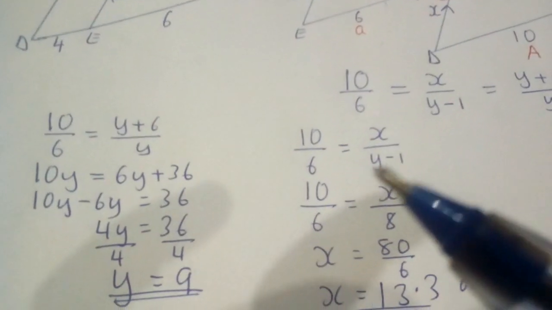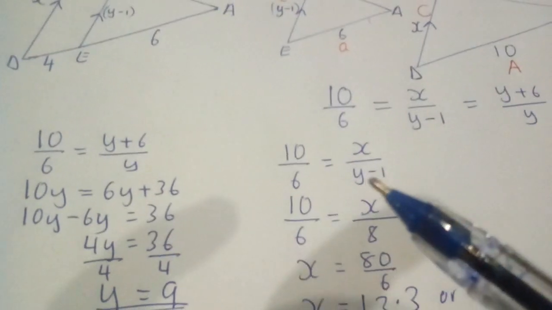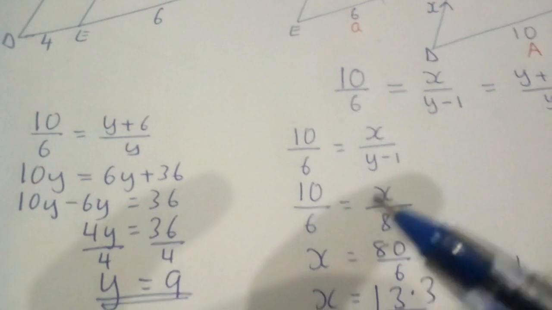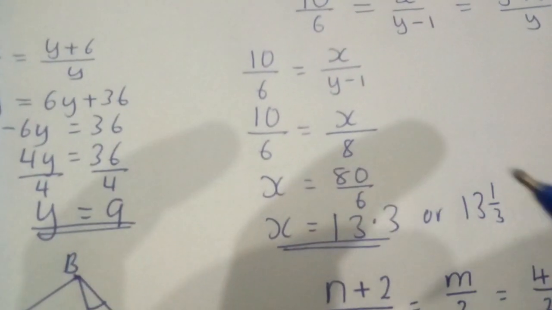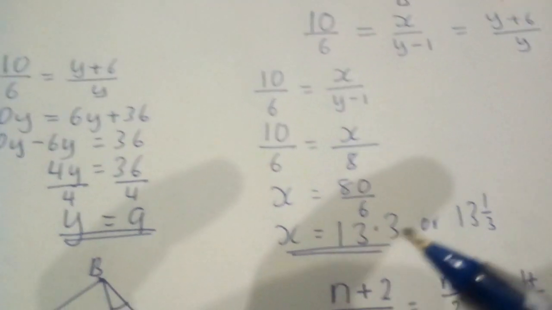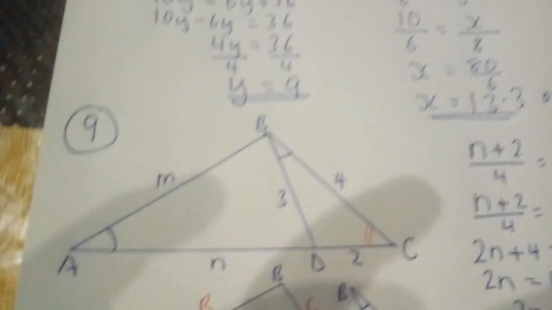Then it will be 9 minus 1, which is the same as 8. Then we cross multiply and work out for X. So our Y is 9, and now we get X as 13.3.